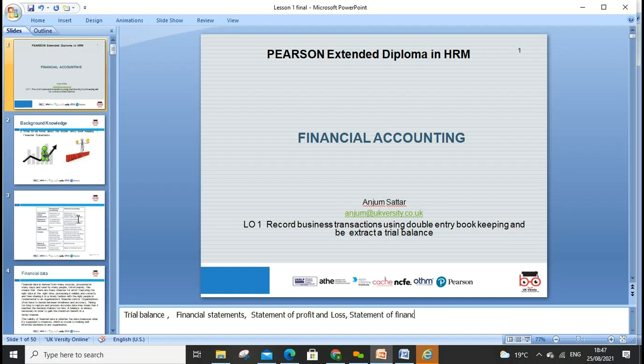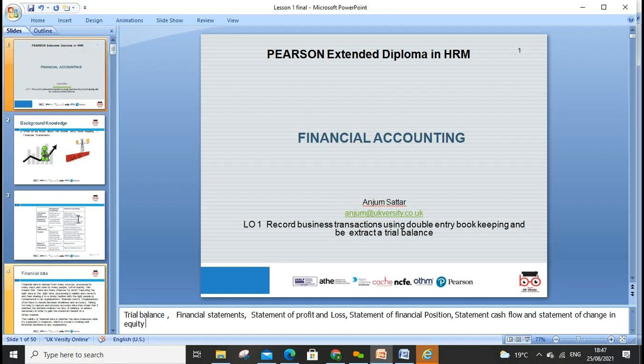Statement of financial position. And statement of cash flow. And statement of change in equity. Equity means shares. So these are the four statements.